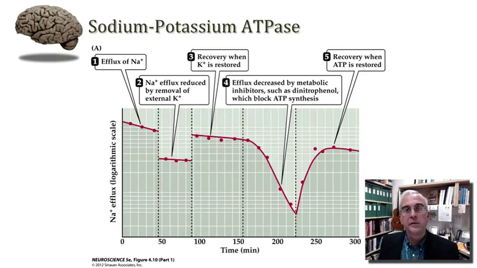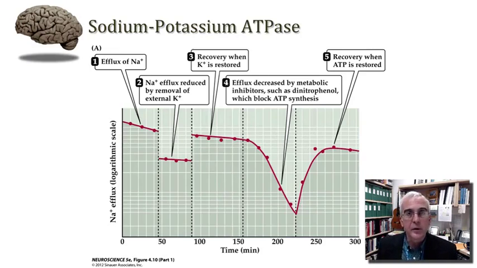One might also gain some insight by depriving that pump of its supply of energy to find out what's happening. So these kinds of experiments were done, and what's shown here in figure 4.10 is an experiment where a tagged sodium molecule was allowed to flux across the plasma membrane due to the activity of this pump.